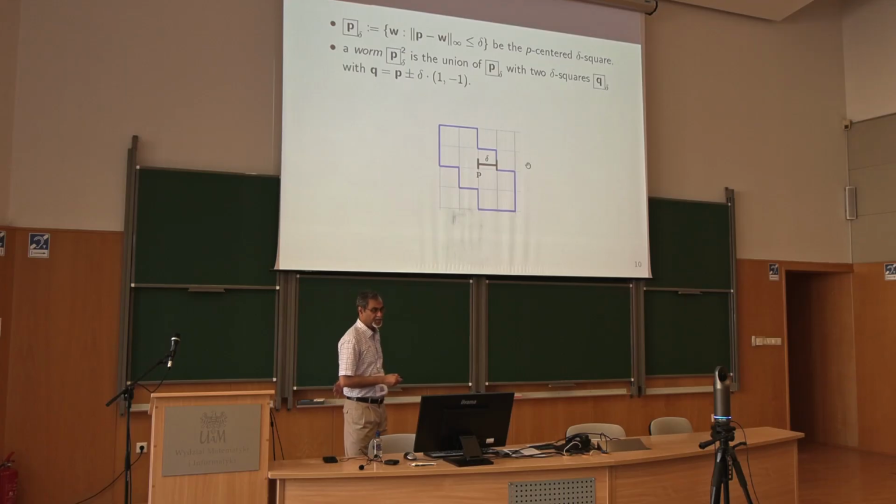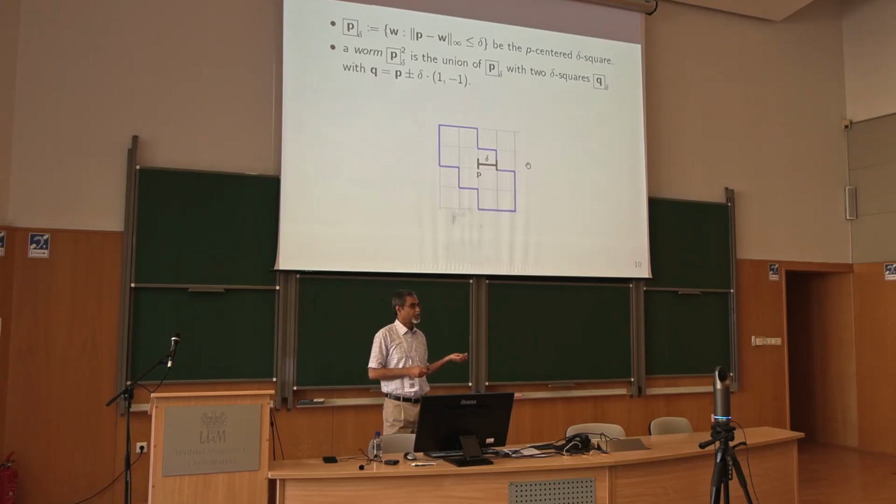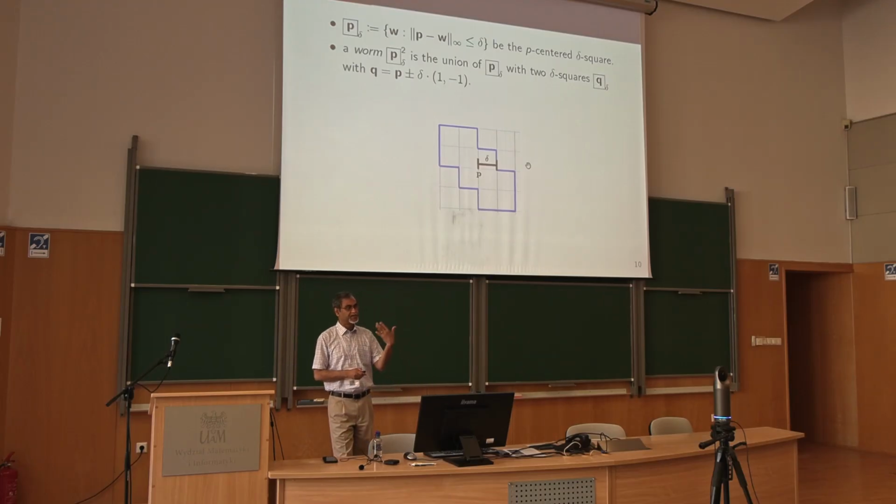Okay, so now let me define something we call worms. What is a worm? First, a P-centered delta square is basically a square centered at the point P with side length delta. And a worm is the union of 3 such squares. So here I am showing, you take this delta square, and union with 2 more in the anti-diagonal positions.